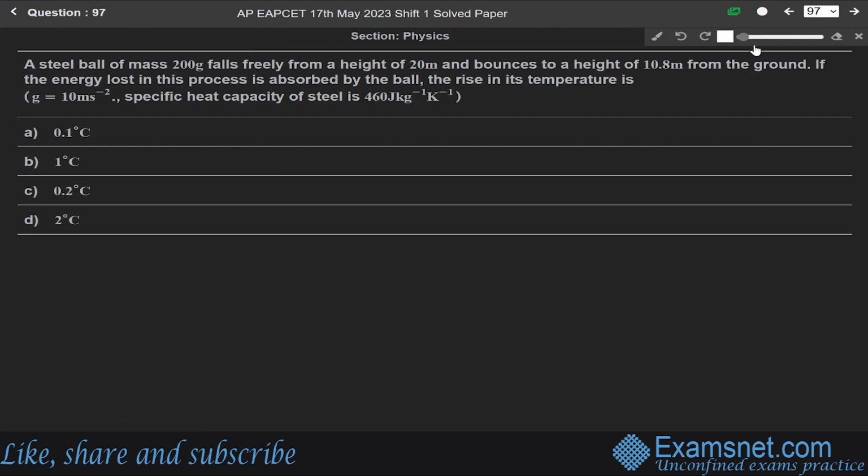Now, next question 97. A steel ball of mass 200 gram falls freely from a height of 20 meter and bounces to a height of 10.8 meter from the ground. If the energy lost in this process is absorbed by the ball, the rise in its temperature is? This question is from the chapter of kinetic theory.